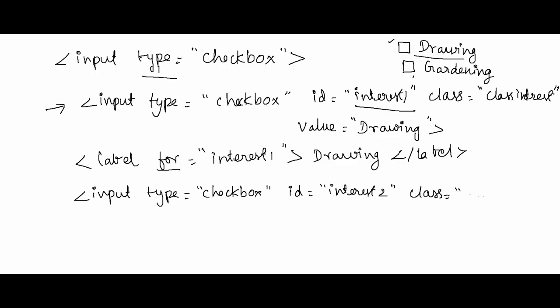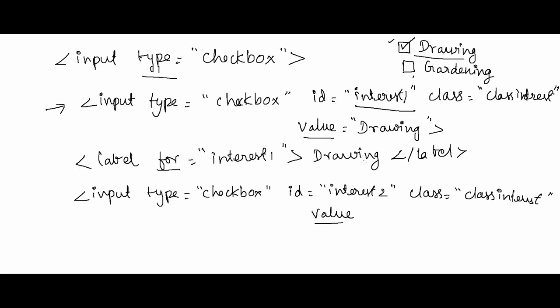Class equal to, we can use the same class name, class interest. Okay, value. So for what purpose is this value used? This is used after submitting this form. While submitting this form, we are just clicking like this, right?